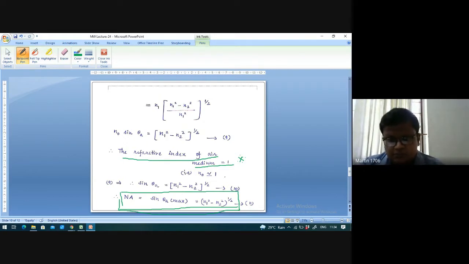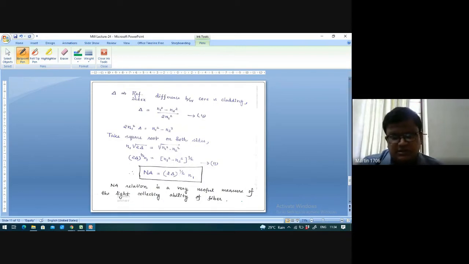In the ninth equation, n naught is the refractive index of air. So sine theta max is equal to the square root of n1 square minus n2 square, or otherwise n1 square minus n2 square whole to the power 1 by 2. This is your numerical aperture expression.